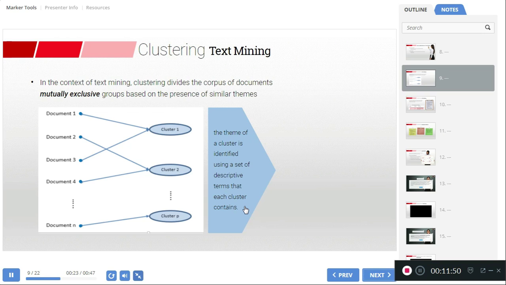Instead, the theme of a cluster is identified using a set of descriptive terms that each cluster contains. This vector of terms represents the weights measuring how the document fits into each cluster. Themes help in better understanding the customer, concepts, or events. The number of clusters that are identified can be controlled by the analyst.